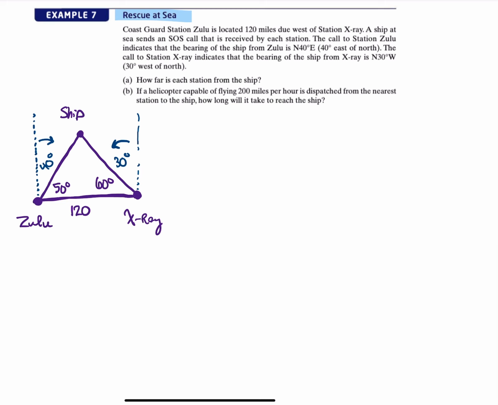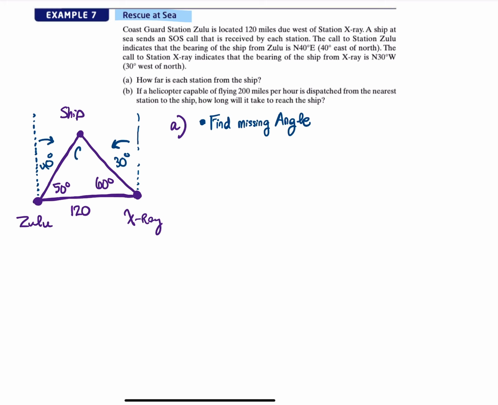So first, let's just find our missing angle, because that will probably be useful. Since we know two of the angles, we can just subtract them from 180 degrees.